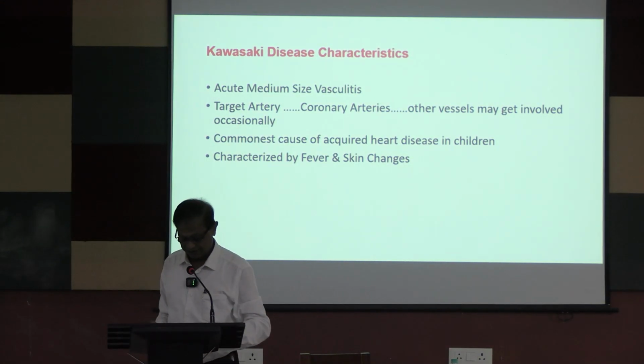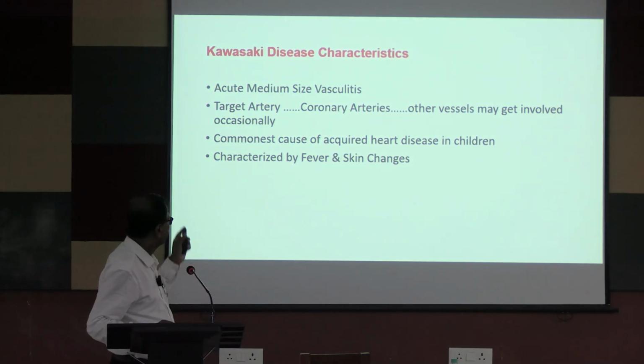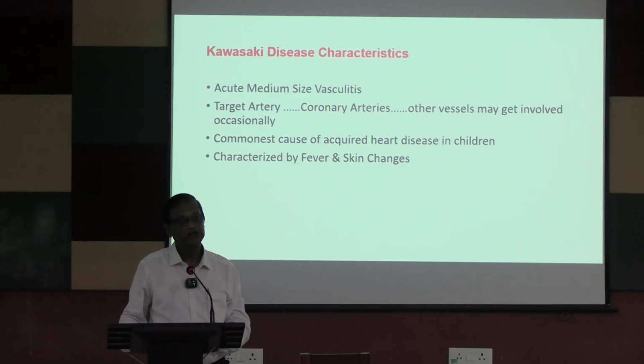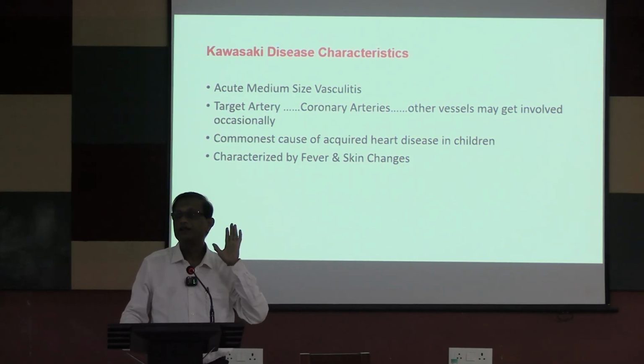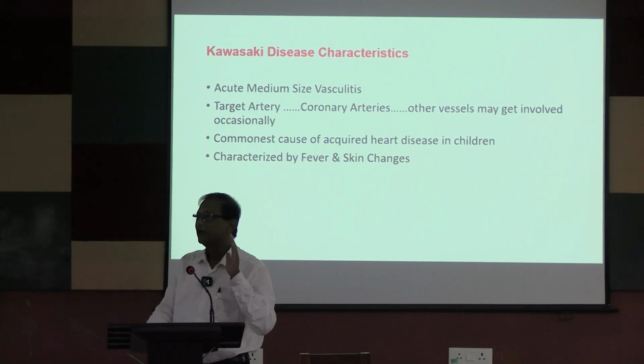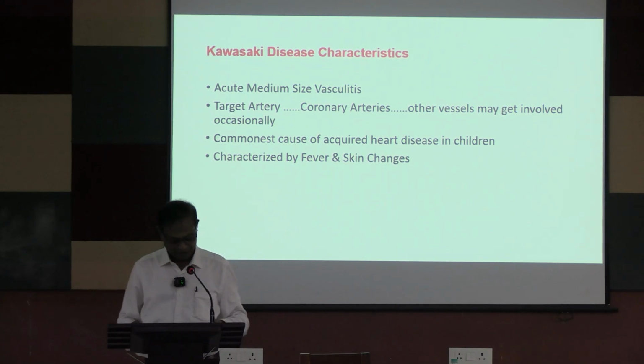What are the characteristics of Kawasaki disease? It is an acute medium-sized vasculitis, and the target artery damaged is the coronary artery. Although it can involve any medium-sized artery of the body, it classically involves the coronary artery of the patient.